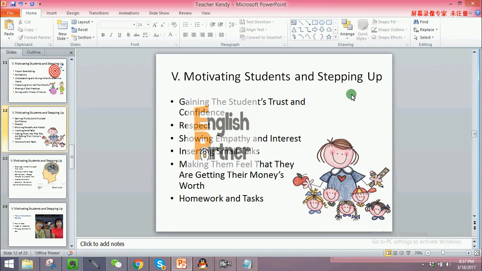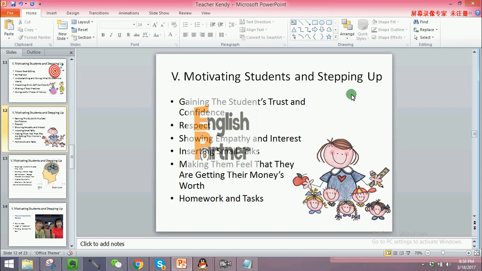If I were in their shoes, I would also want to get my money's worth. So I'd like to know what my teacher can help me with. I'd like to know what she or he is like. Is she patient, knowledgeable, dependable, professional, proficient, and maybe fun to talk with? So these are the things that I always bear in mind.